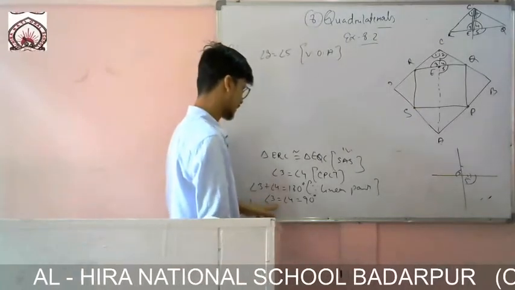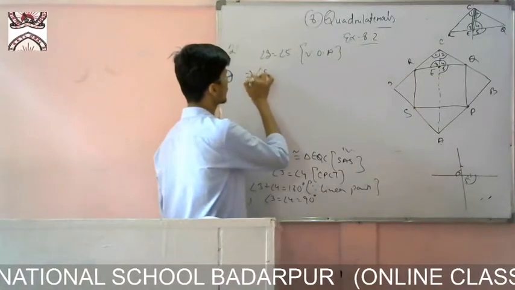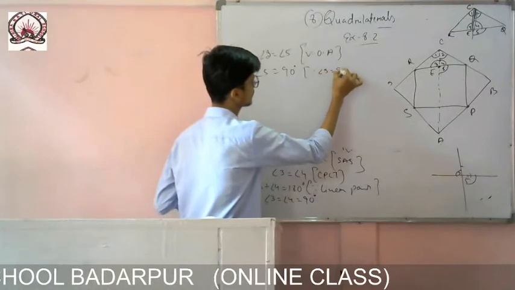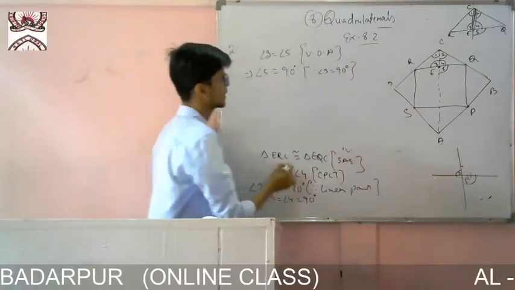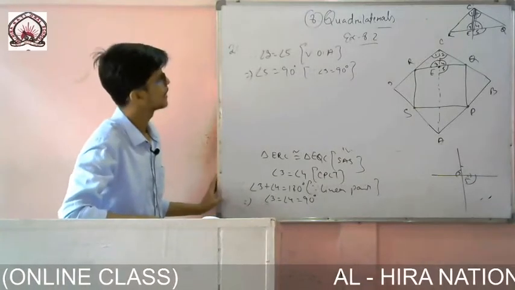So if angle 3 is 90 degrees, then angle 5 will also be 90 degrees, since angle 3 is equal to 90 degrees. The reason is angle 3 is 90 degrees.